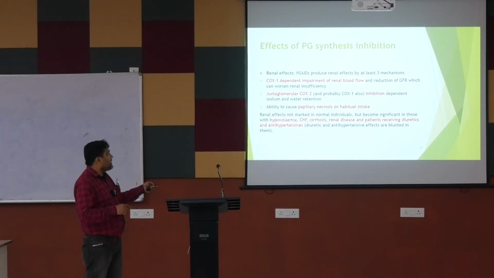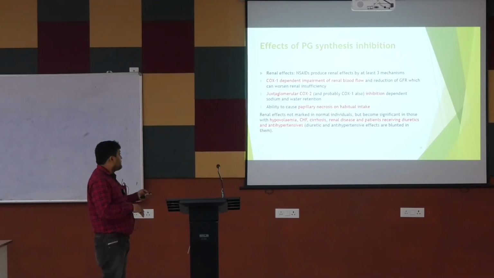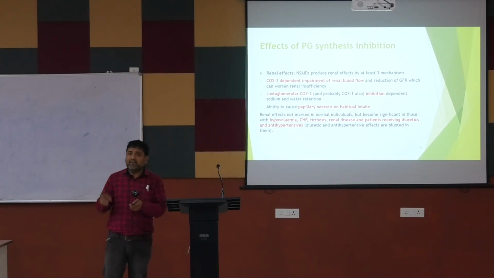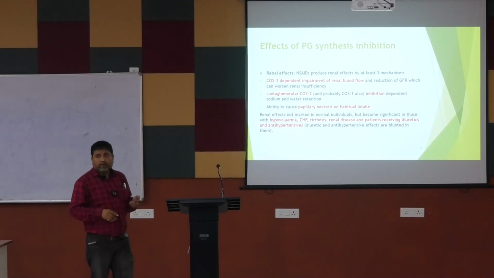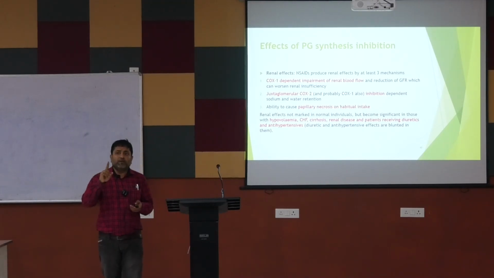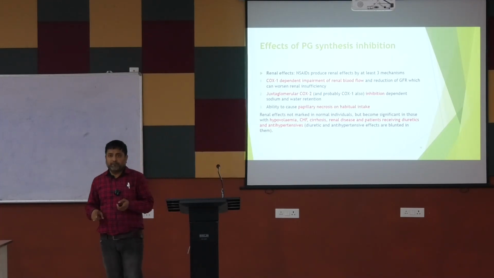They decrease the renal blood flow and the GFR is reduced. Number three, habitual or chronic use of NSAID causes papillary necrosis. In fact, phenacetin was the first NSAID to be introduced in the market. That has been withdrawn because of analgesic nephropathy.